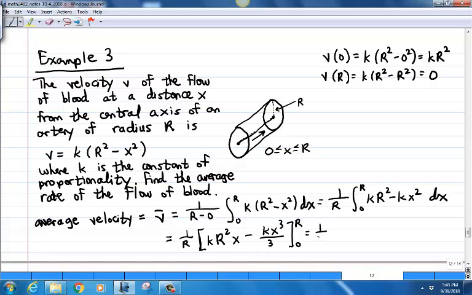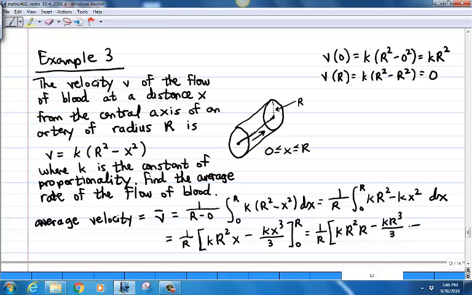So I get 1 over r times, let's see, what do we get now? Well, when we evaluate this at capital R, we're going to get k times r squared times r, because I'm going to substitute r for x, minus k times r cubed over 3.